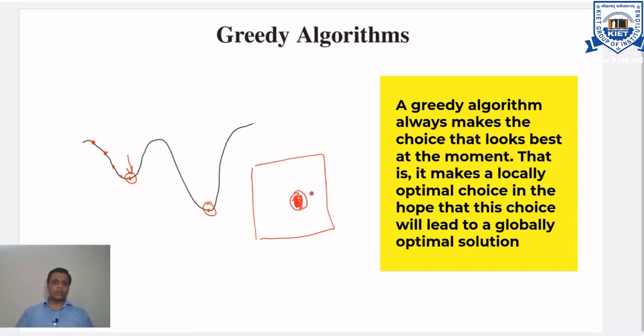So a greedy algorithm cannot guarantee that it would give you a solution in general, but in some cases it might give you the guarantee.